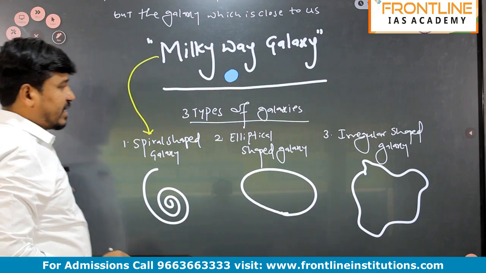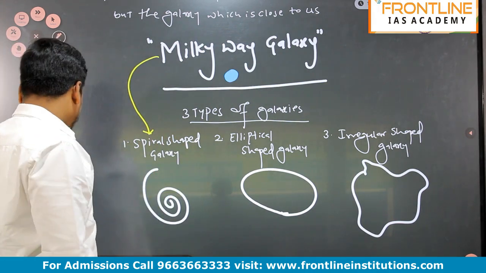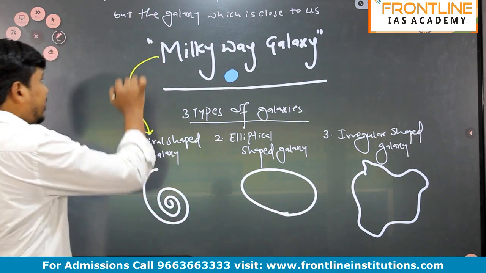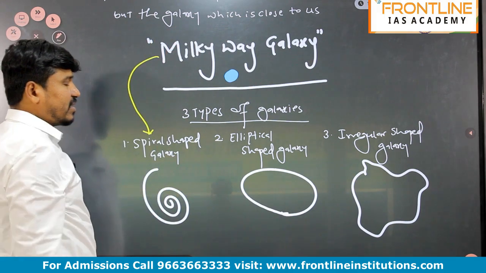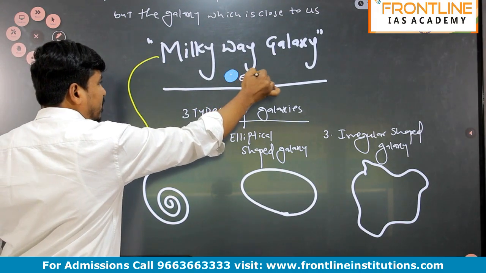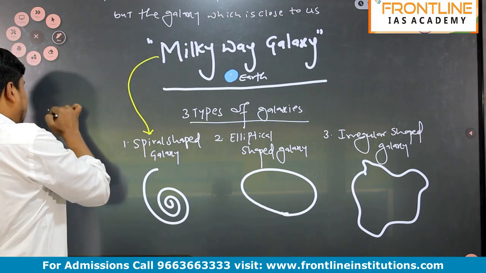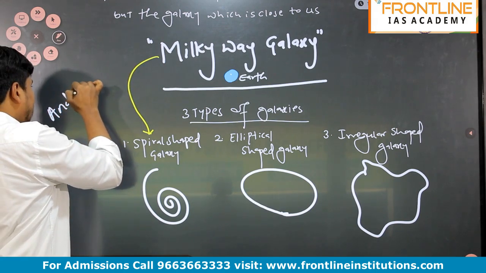And galaxies we call the group of stars. And one more important point here. The Milky Way galaxy means Earth is part of the Milky Way galaxy. But the galaxy which is closest to us is the Andromeda galaxy.